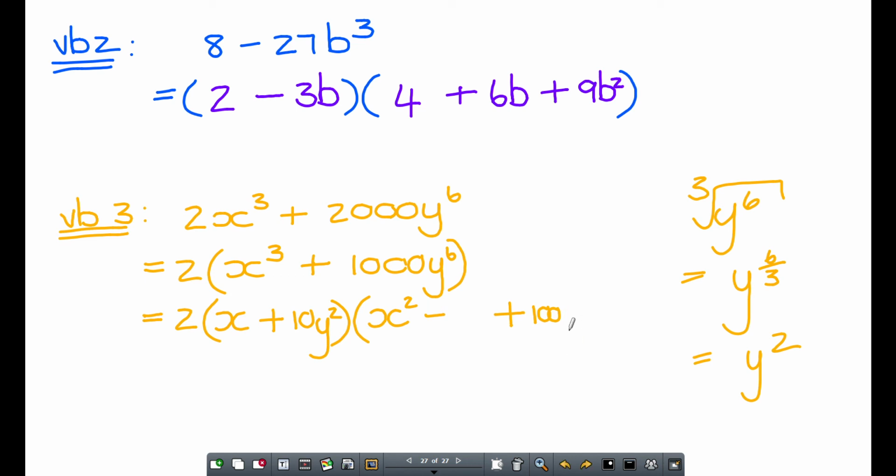Okay, nou kry ek hierdie middelste term. I'm going to multiply my small brackets terms together. So that's going to give you 10xy squared. Okay, het julle hom gekry?